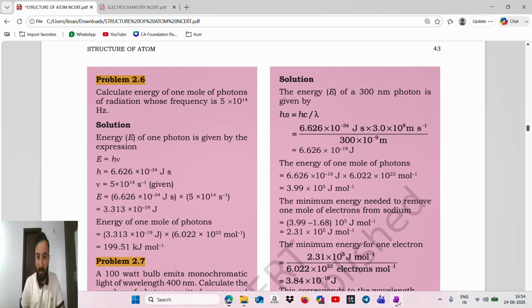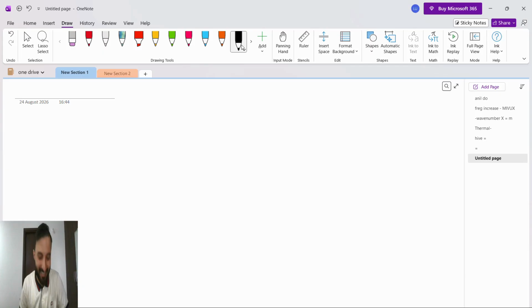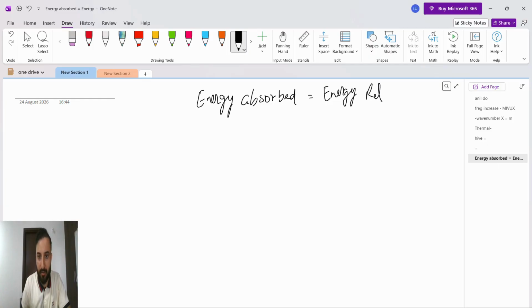Here, see the relation, understand the relation guys. We know that how much energy the black body absorbed, that much energy it released, correct? Yes sir.